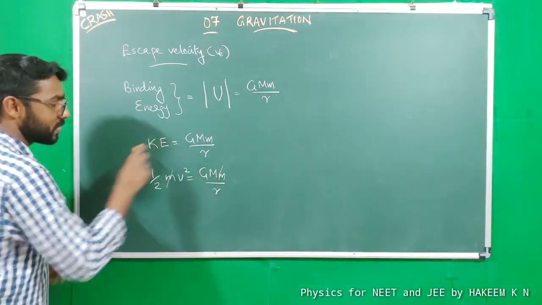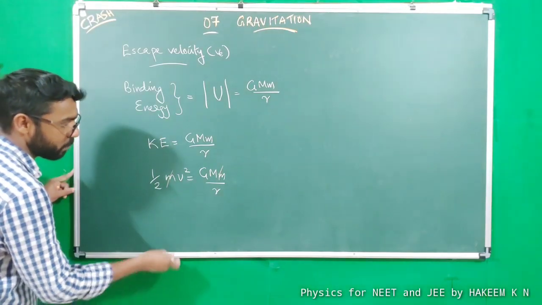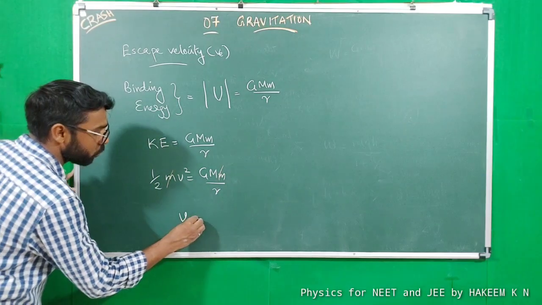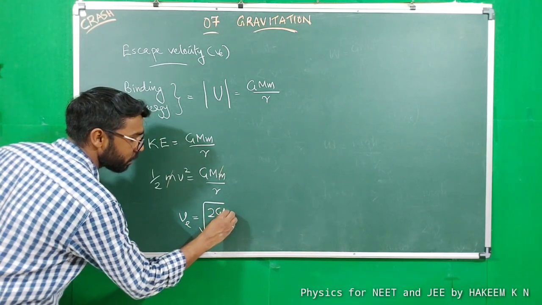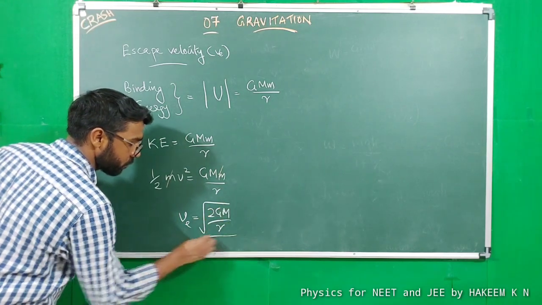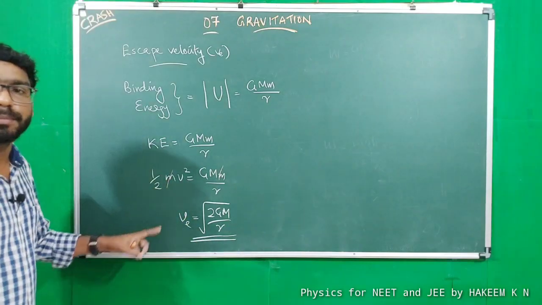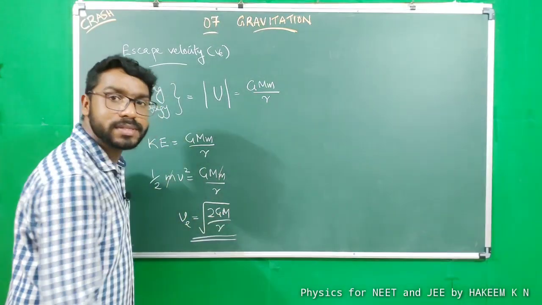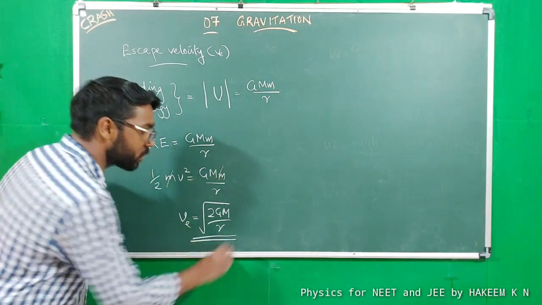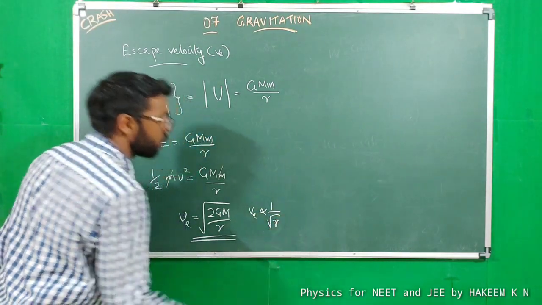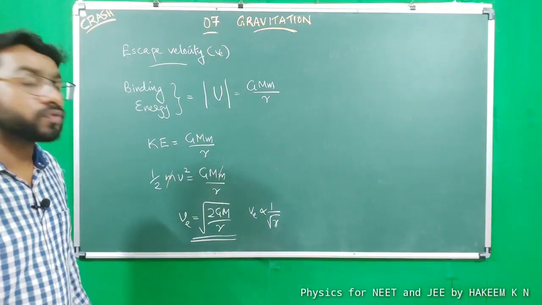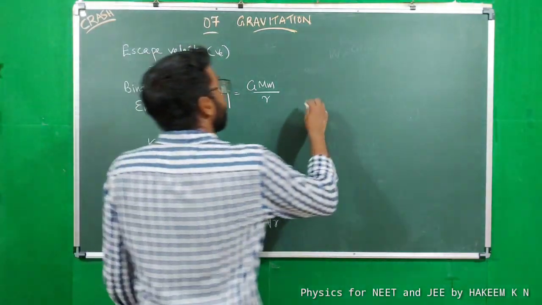Small m we can cancel out, so we will get escape velocity v equal to root of 2GM by small r. GM is constant, so escape velocity we can say is proportional to 1 by root r.